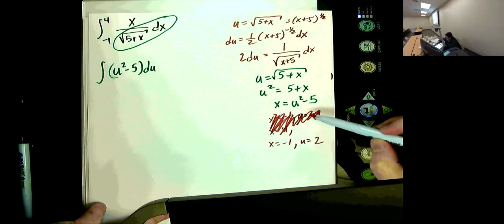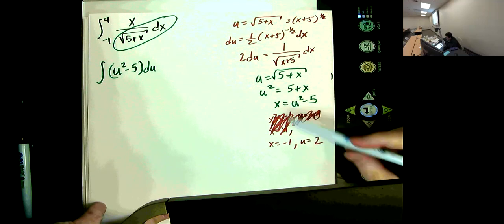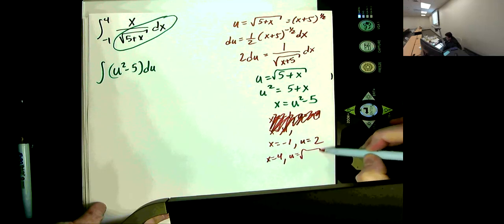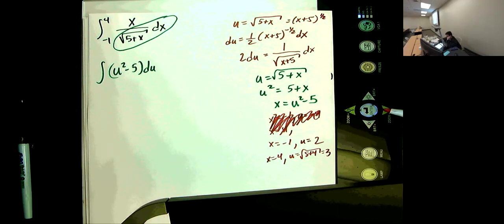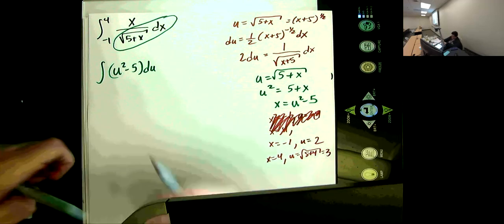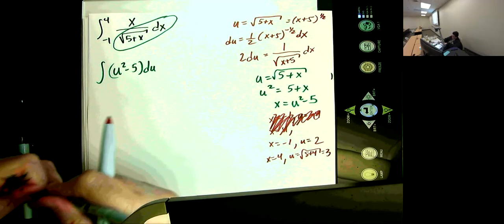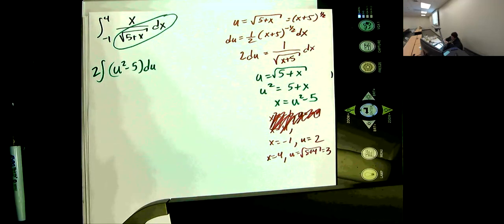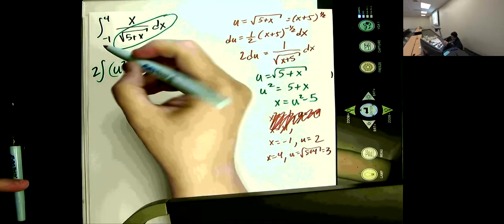And when I plug in 4, u equals square root of 5 plus 4 is 3. And I'm missing a 2 here. I'll put the 2 out front. And my new limits would be 2 to 3.